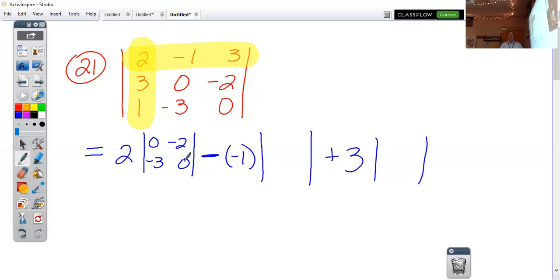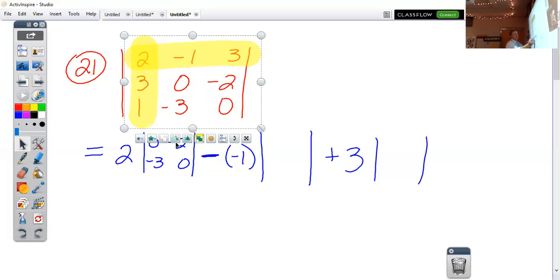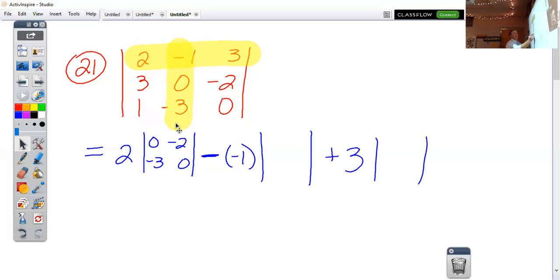Now I'm taking out the row and the column that -1 is in, so what's left? 3, -2, and 1, 0. Everybody see how I'm doing that? And then finally, the last one that 3's in: 3, 0, and 1, -3.